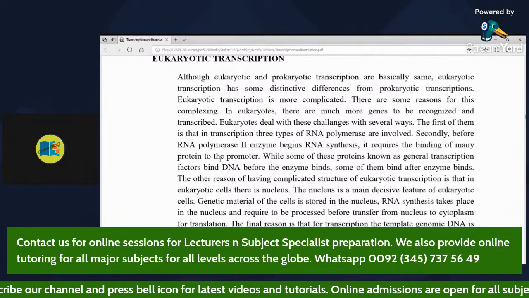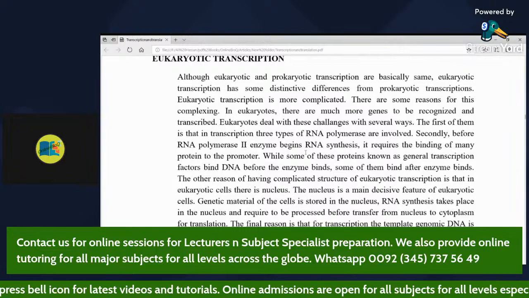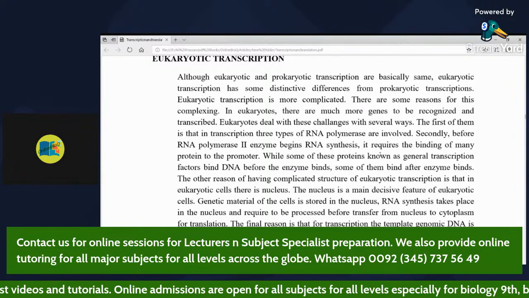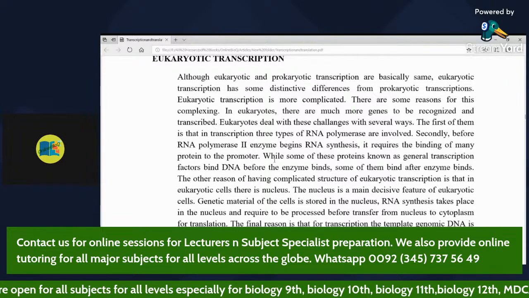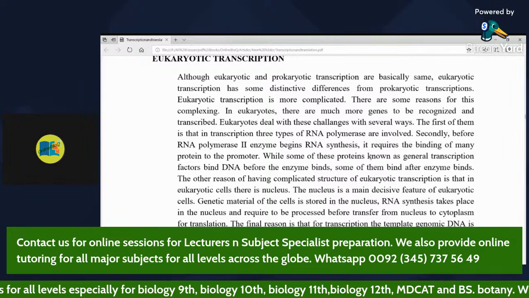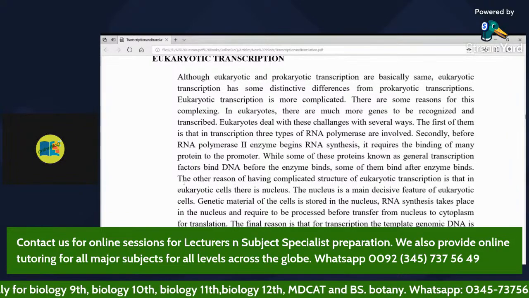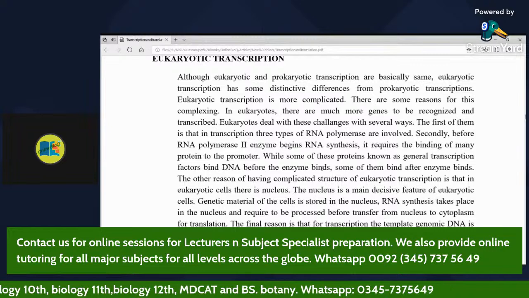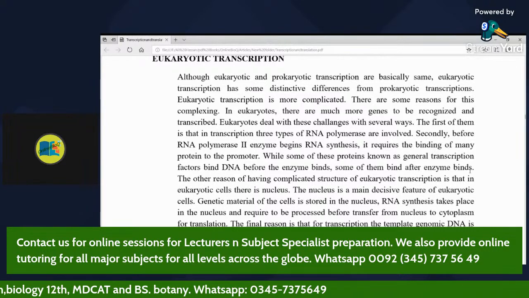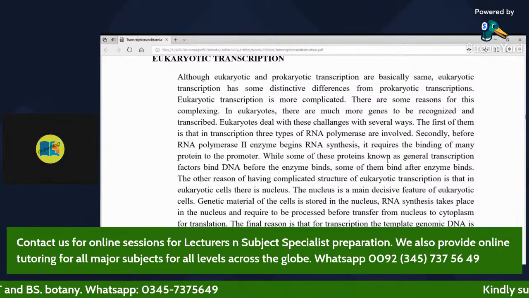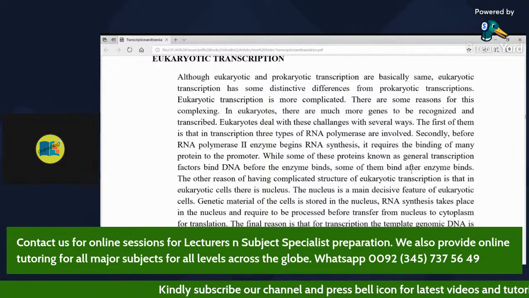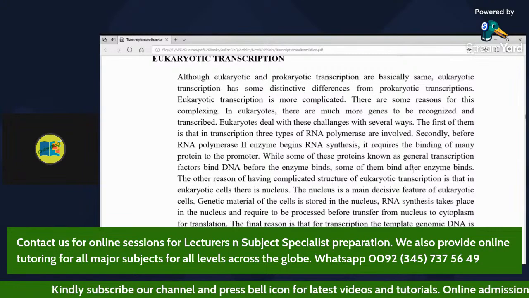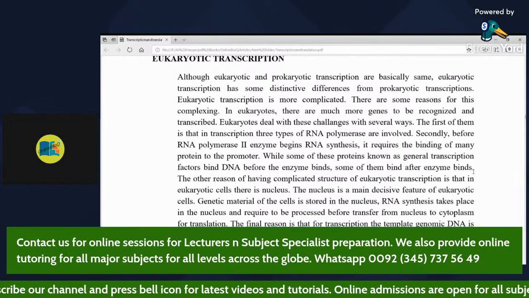Some of these proteins, known as general transcription factors, bind DNA before the enzyme binds, and some of them bind after the enzyme binds to DNA.